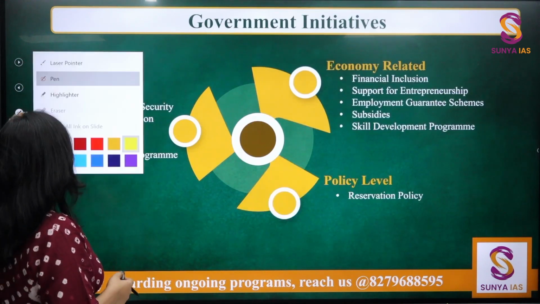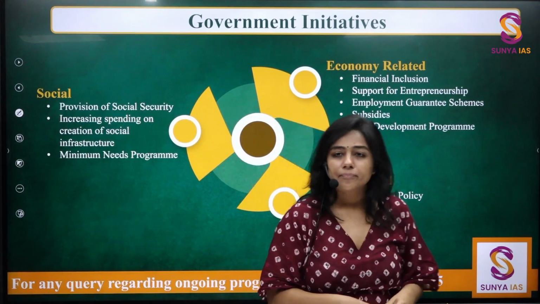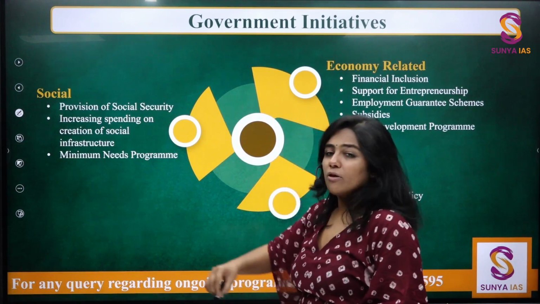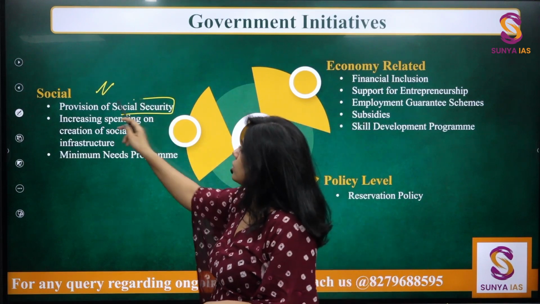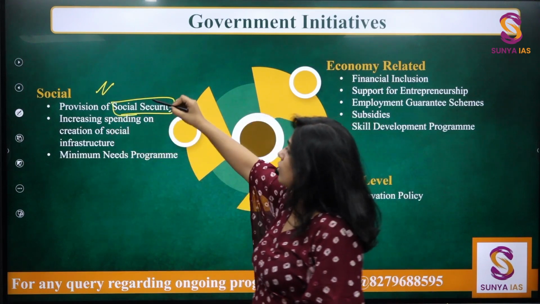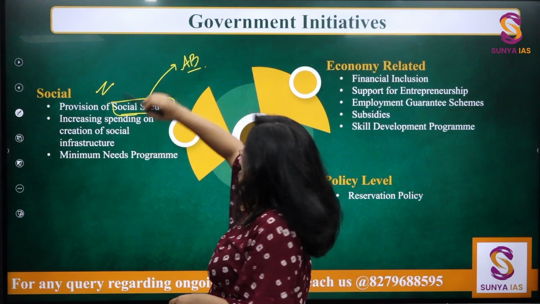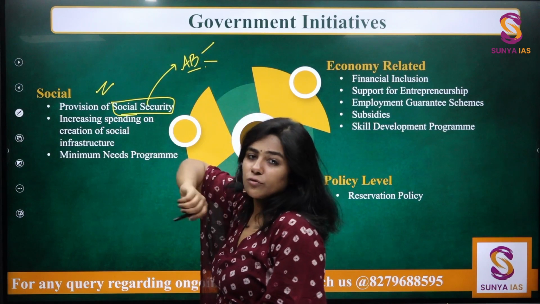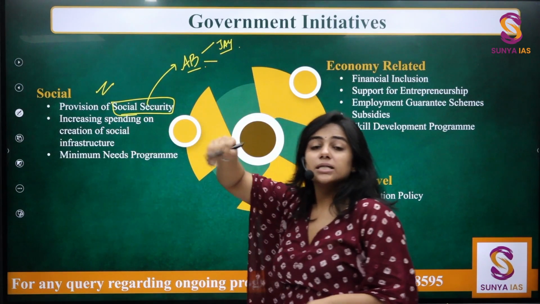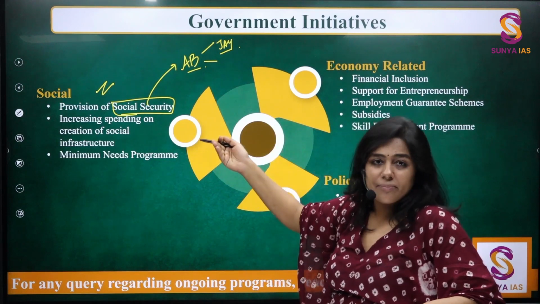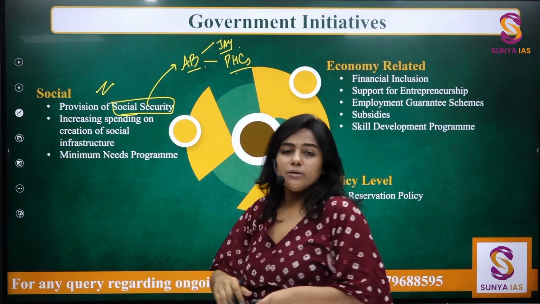As I told you, the structure, you have to talk about the government initiatives that have been taken. Fine. So when we talk about the social initiatives, we have provided for social security. How? For example, Ayushman Bharat mission. Ayushman Bharat has two aspects of it. The Jan Arogya Yojana, that is the insurance scheme, and the primary healthcare centers, right?